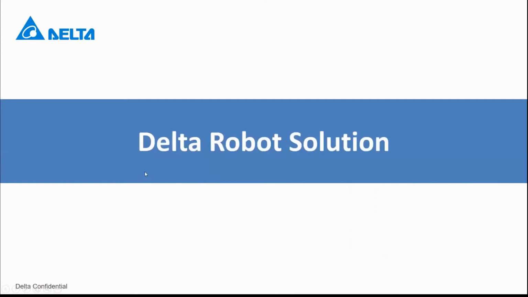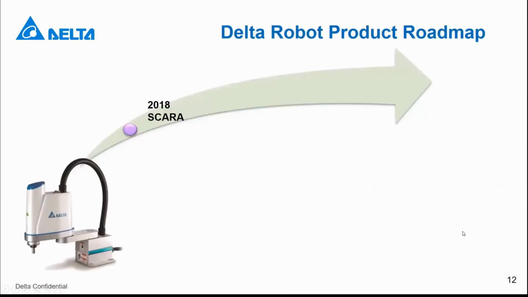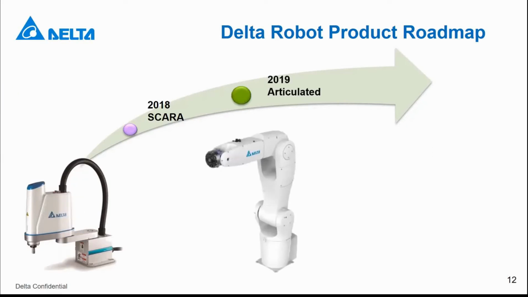Okay, and next I will start to introduce the Delta robot solutions, what we provide for a robot station. In EMEA, the Europe area, we started providing our robots in 2018 with a SCARA robot. And in 2019, we also released our articulated robot.